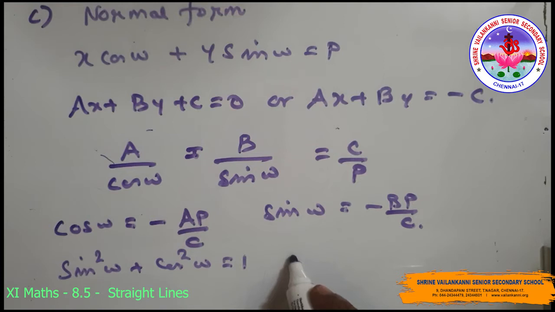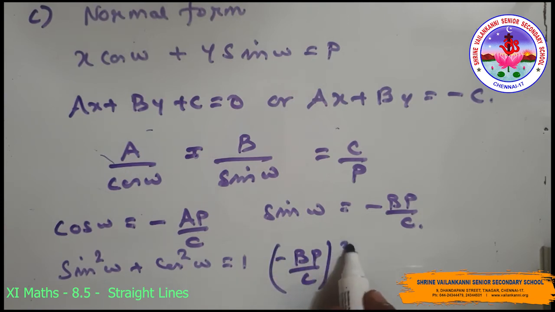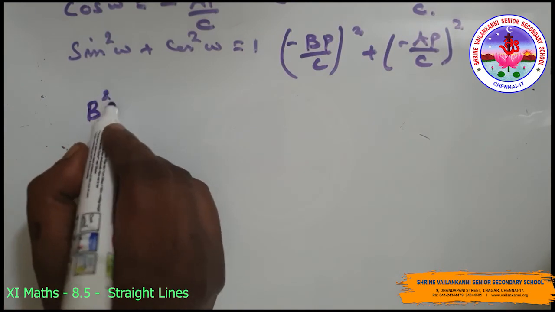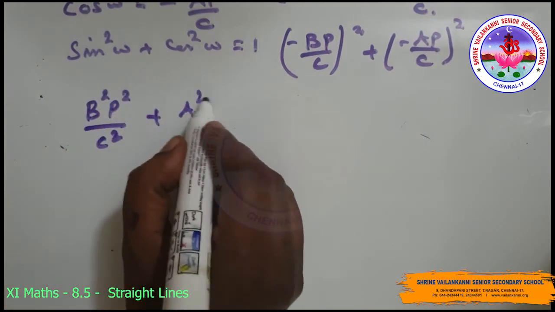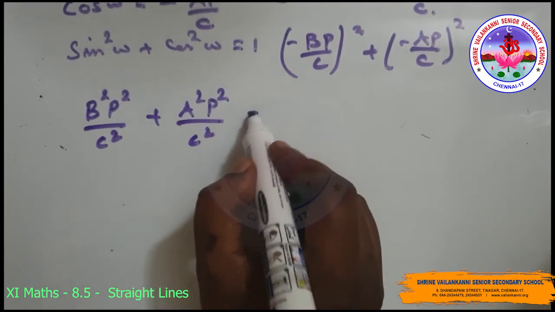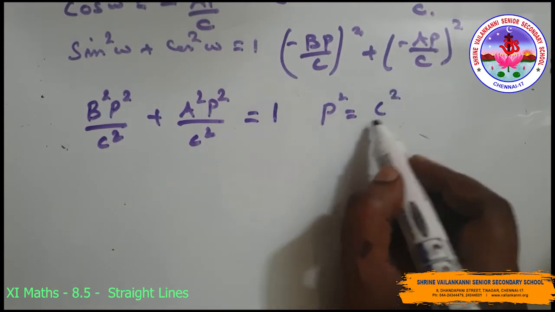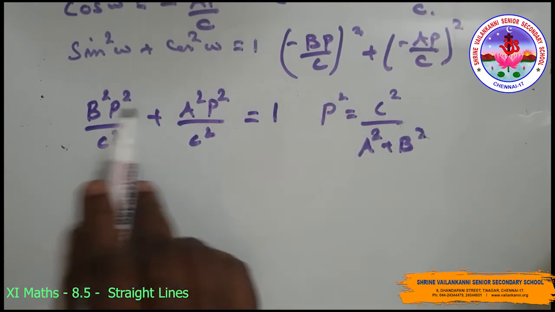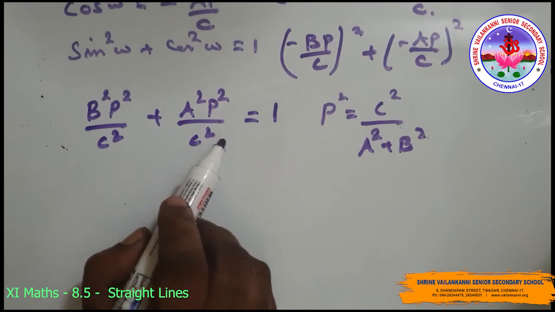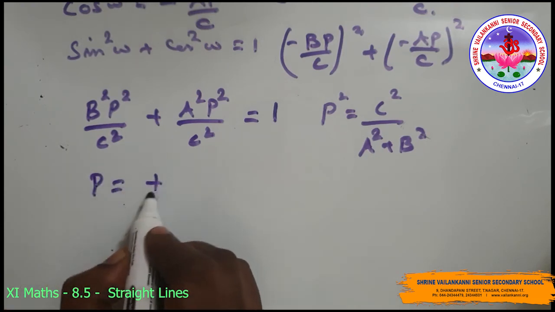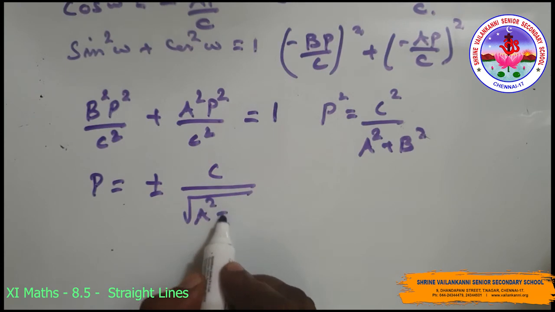Substituting this, (-bp/c)² + (-ap/c)² = 1, so b²p²/c² + a²p²/c² = 1. Taking p² common, p²(a² + b²)/c² = 1. So we have p² = c²/(a² + b²), and we get p = ± c/√(a² + b²).